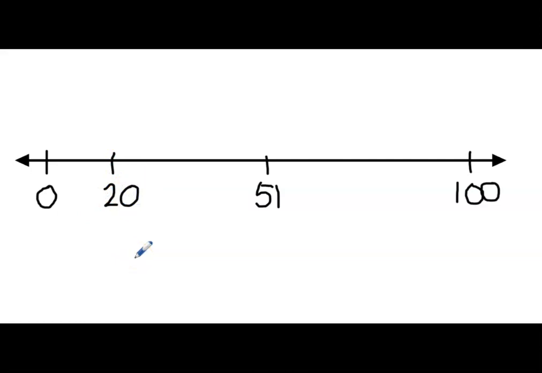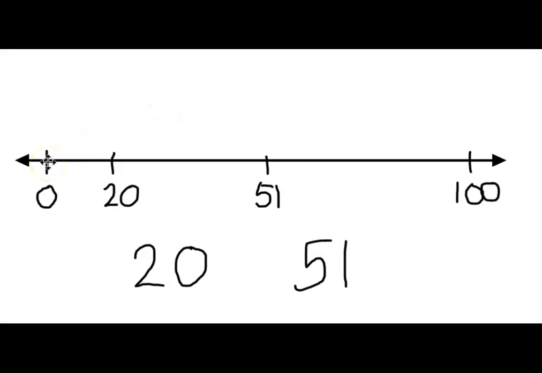So let's see. I have the number 20. And I have the number 51. So I'm going to compare these two numbers. So what do you notice about them on the number line?